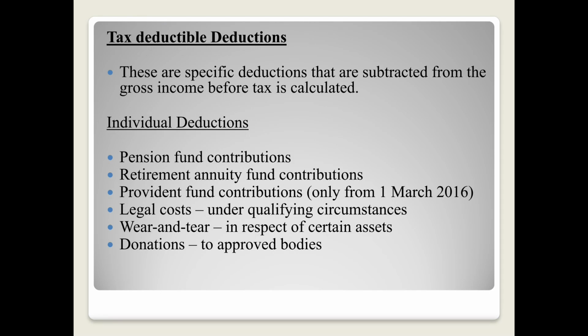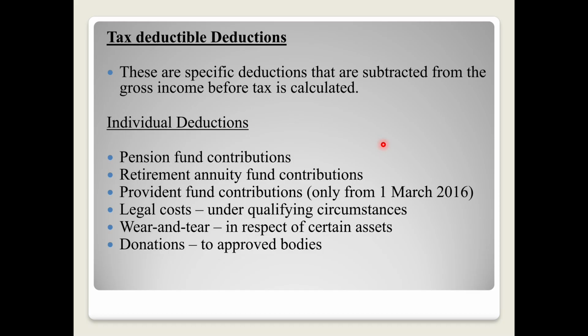All right, then we come to tax deductible deductions. So these are specific deductions that are subtracted from the gross income before tax is calculated. So what can you deduct? Individual deductions. Pension fund contributions up to 7.5% can be deducted from your gross income.